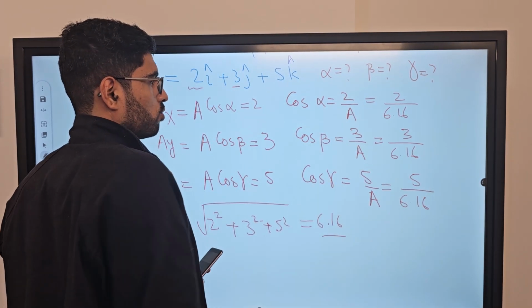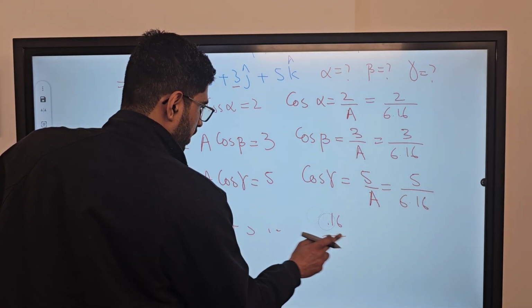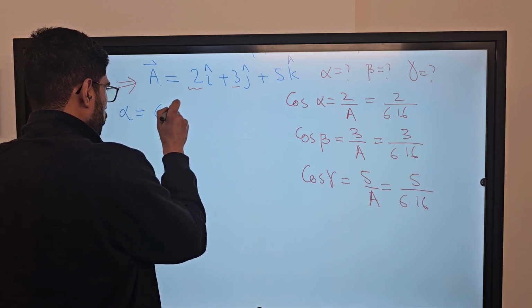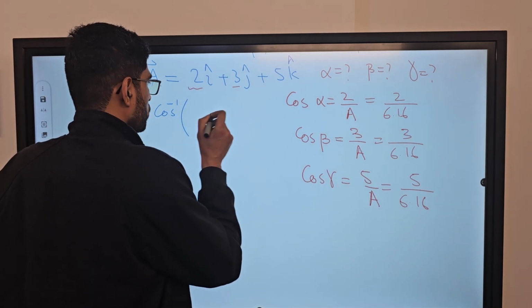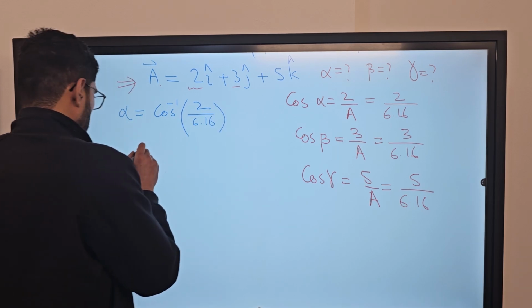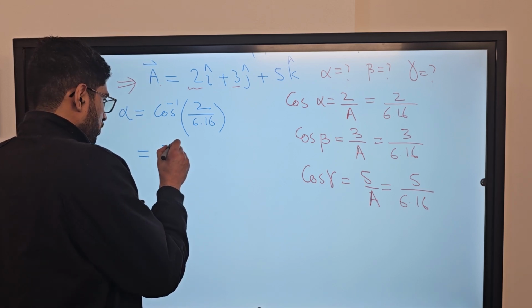Taking the cos inverse will give you angle alpha, beta and gamma. So angle alpha will be equal to cos inverse of 2 divided by 6.16, which is 71.05 degrees.